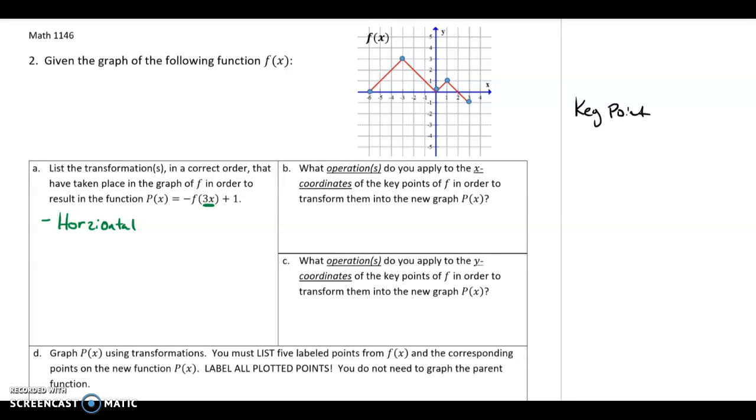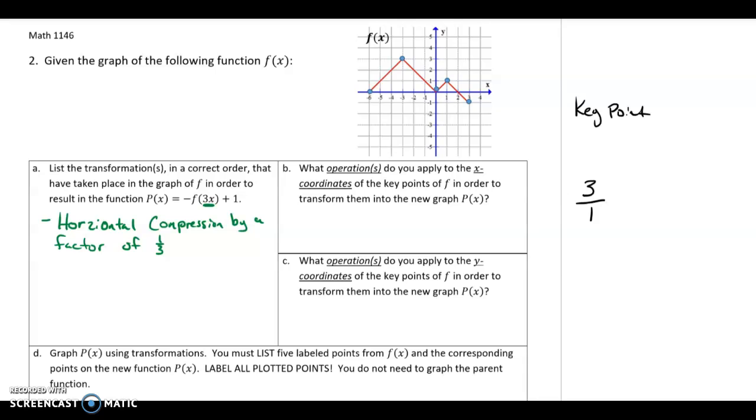So if it's outside, we multiply the y values by 3. But since it's on the inside, what we're going to do is it's actually a horizontal compression by a factor of 1/3. And I know you're like, Nick, what? How did you get the number 1/3? I see a 3 there.